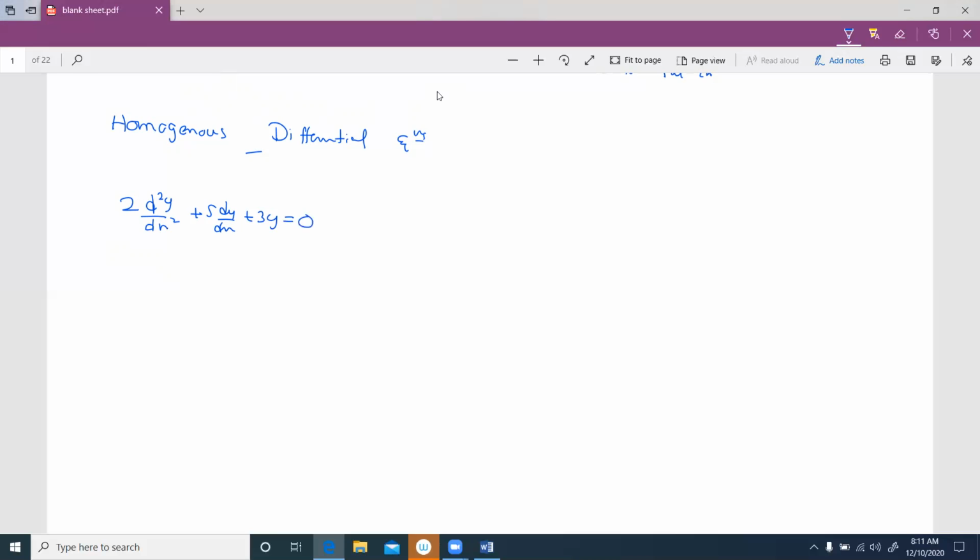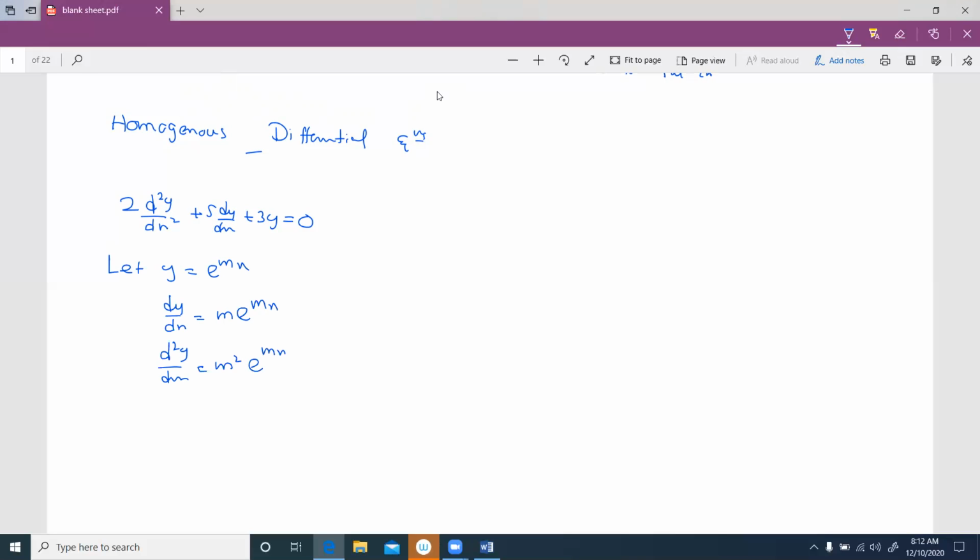We will consider y as e to the power mx. Then dy by dx becomes m e to the power mx. Doing the second differentiation, you get m squared e to the power mx.